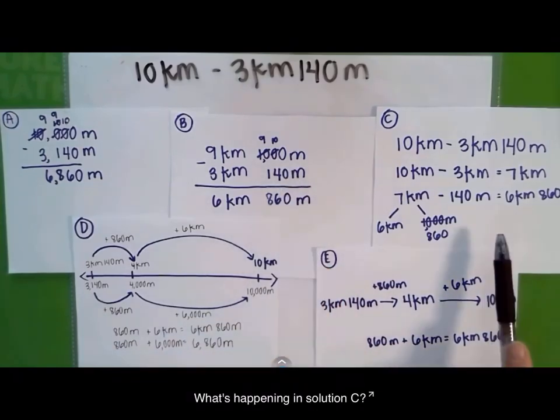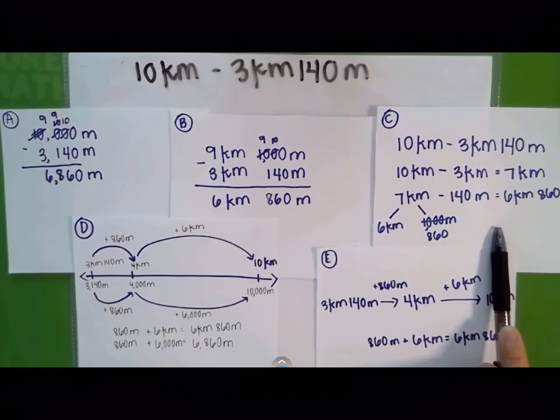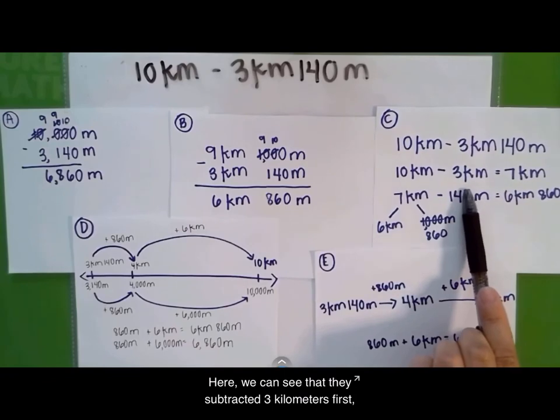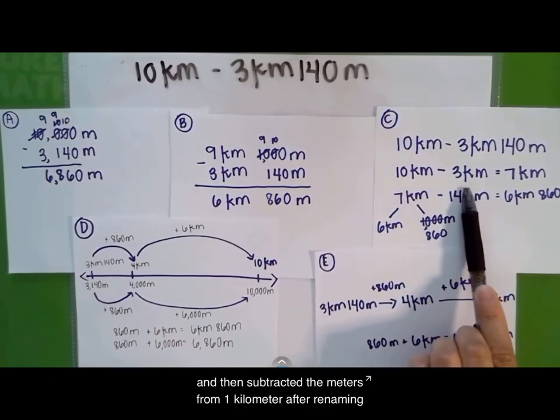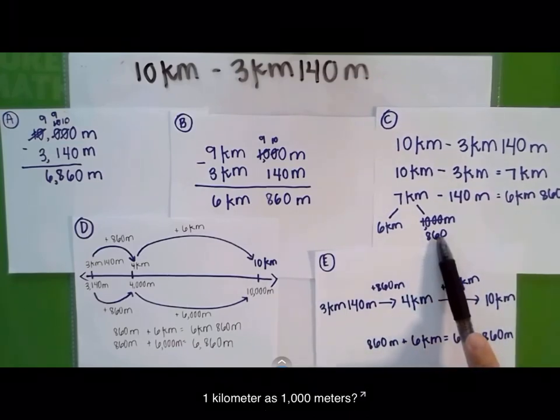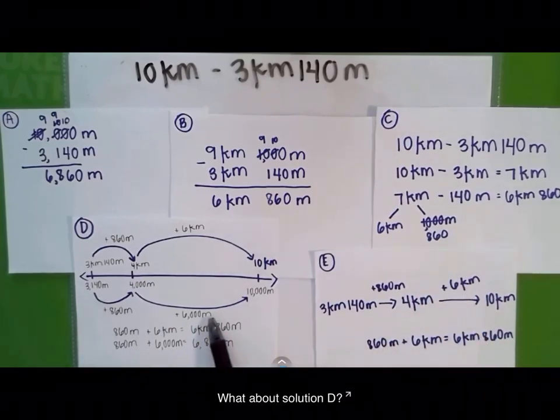What's happening in solution C? Here we can see that they subtracted 3 kilometers first, and then subtracted the meters from 1 kilometer after renaming 1 kilometer as 1,000 meters. What about solution D?